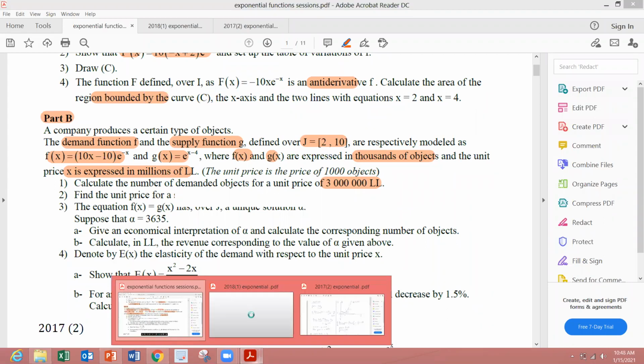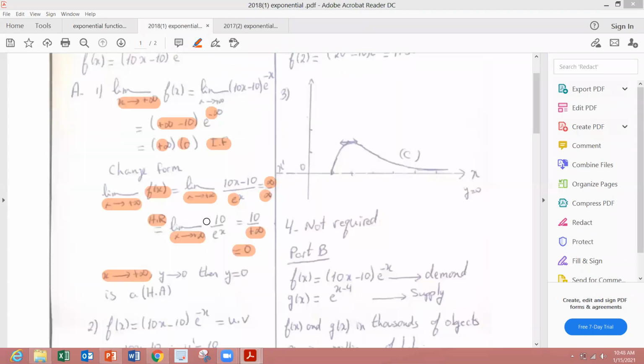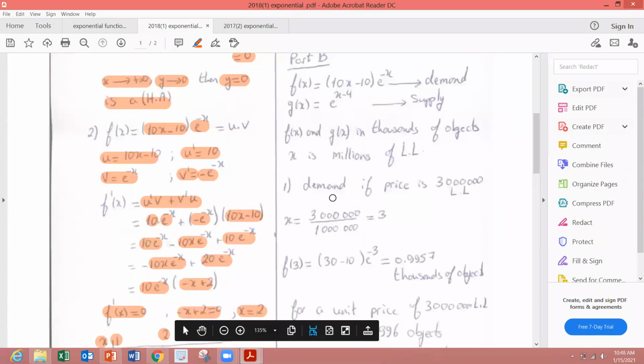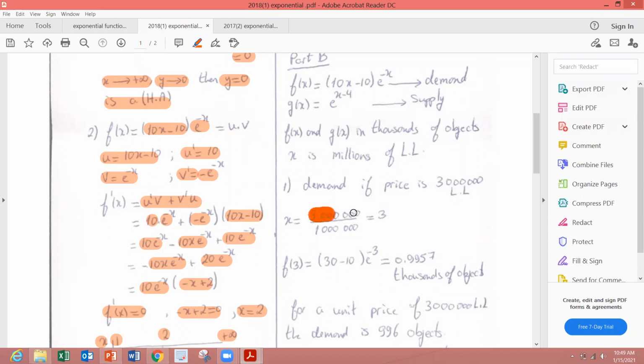Fx. Yes, what did you say, Ivana? Price 3 million over 1 million gives 3, and we put 3 in place of x. So since the price is 3 millions, x equals 3 millions over million, equal 3.